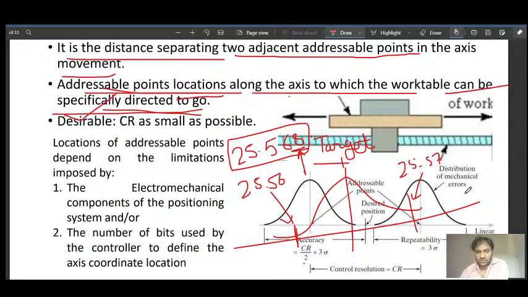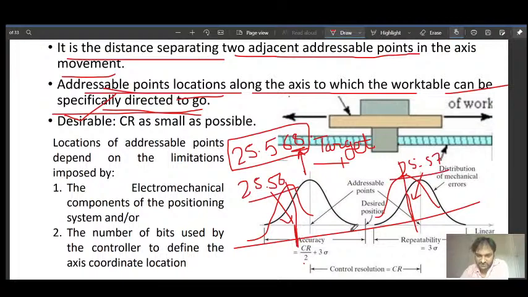So these two are addressable points, and again in the normal distribution we set one addressable point this way and the other this way. Generally, in between 25.56 and 25.57, somewhere it would be 25.568.